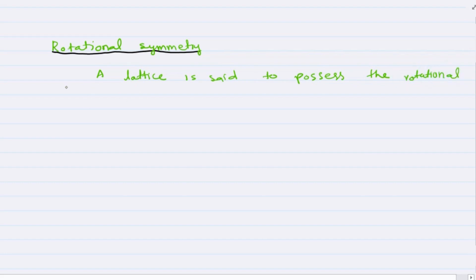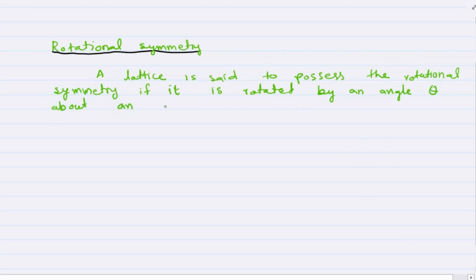A lattice is said to possess rotational symmetry if it is rotated by an angle theta about an axis or a point in two-dimensional, and transforms the lattice to itself. Now we will understand it by an example.